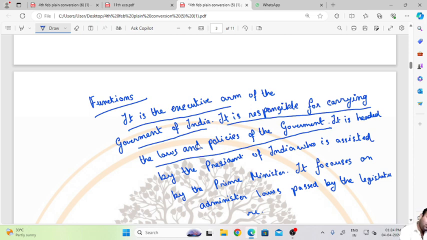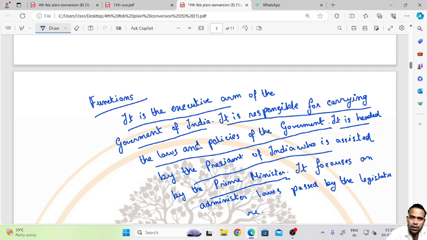Whatever laws and policies the government issues, the Union Executive makes sure that they are being obeyed and followed properly. It is headed by the President of India, who is assisted by the Prime Minister. It follows administrative laws followed by the legislature.